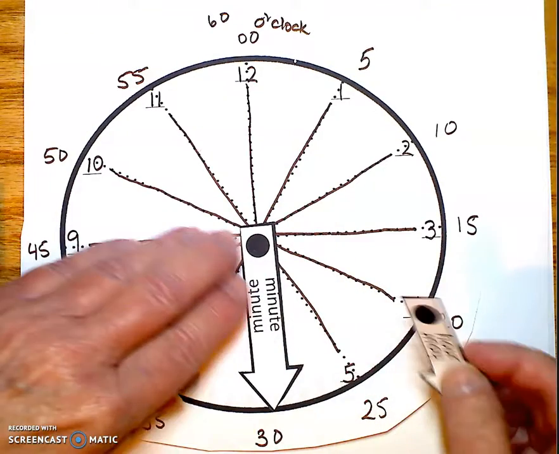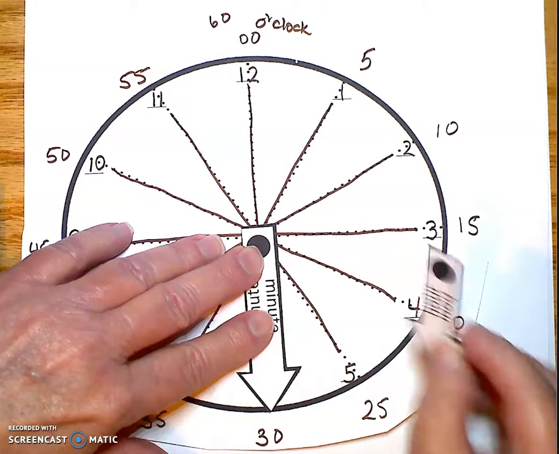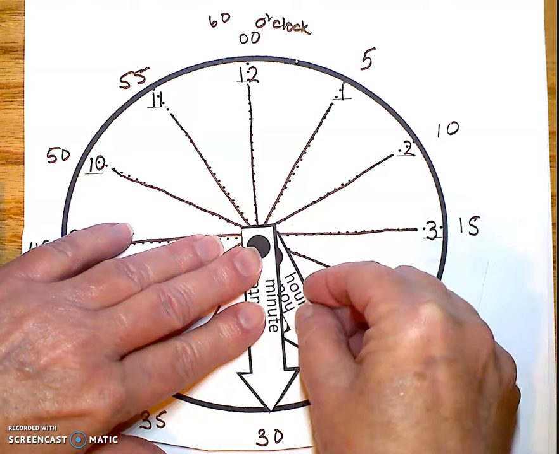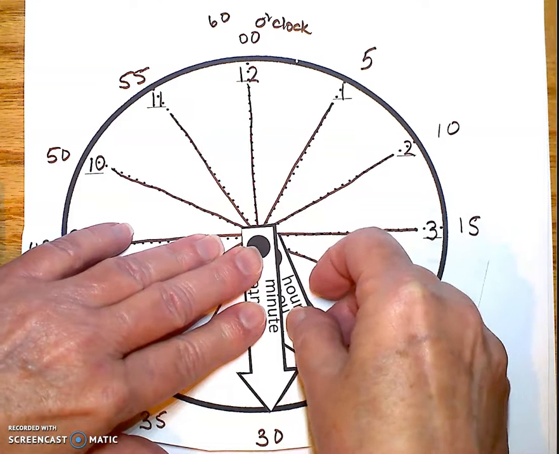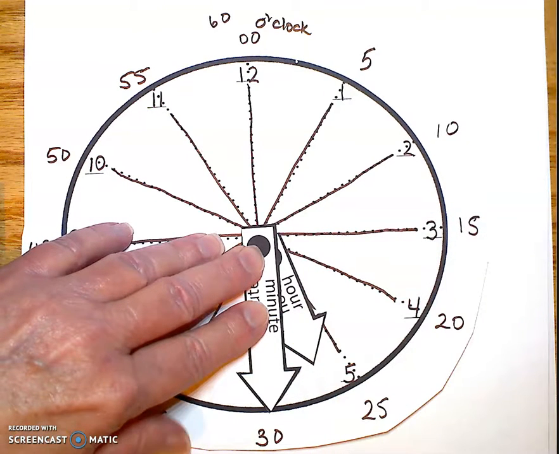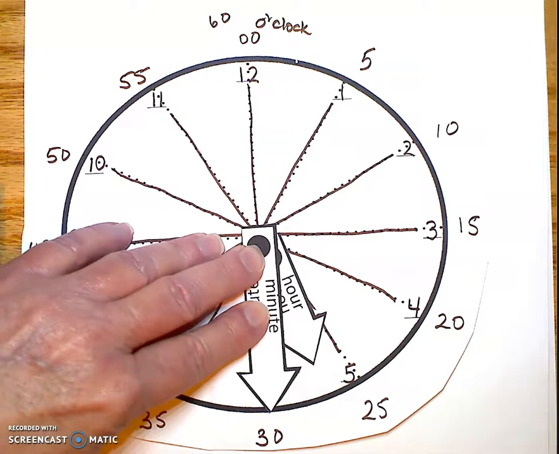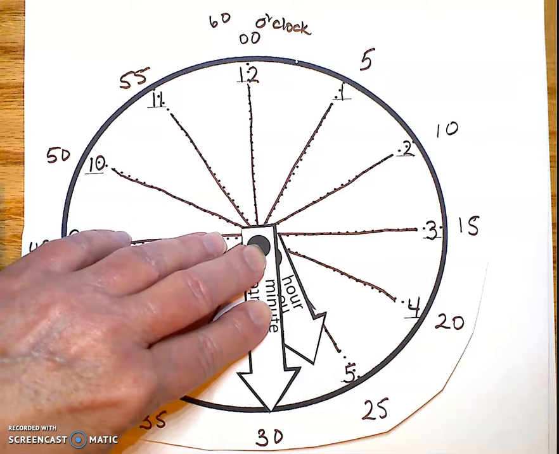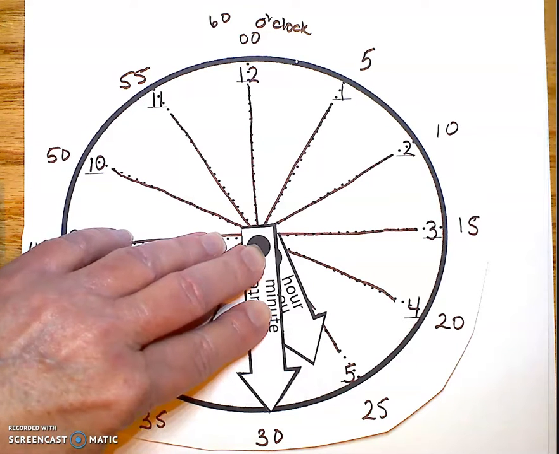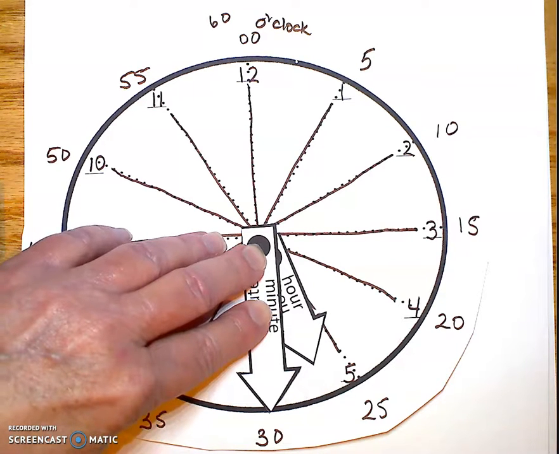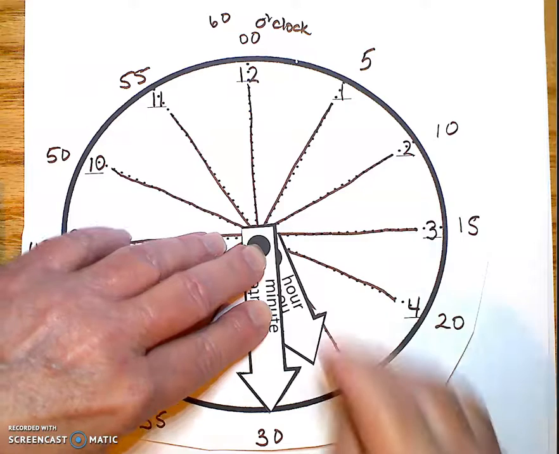You will notice that the hour hand also moves, and it moves about halfway. And then we have 5:30. Oh, is it supper time at your house? Remember, supper is the last meal of the day. It's not quite as big as dinner.